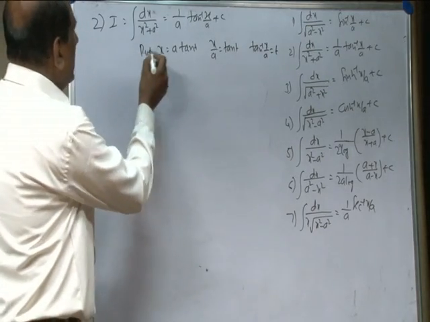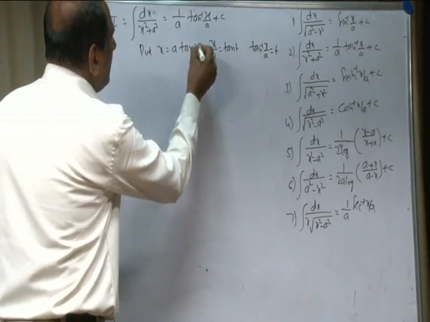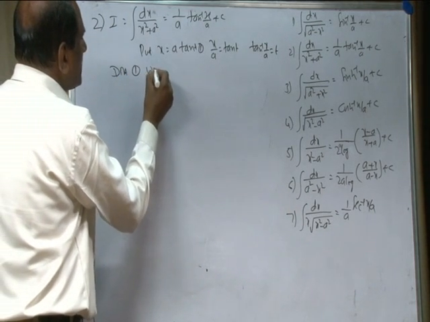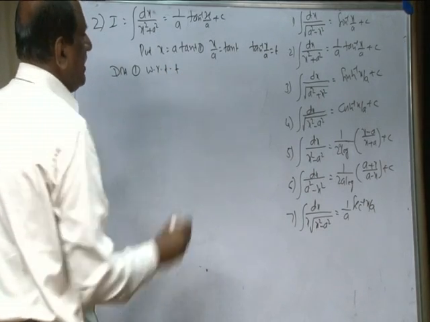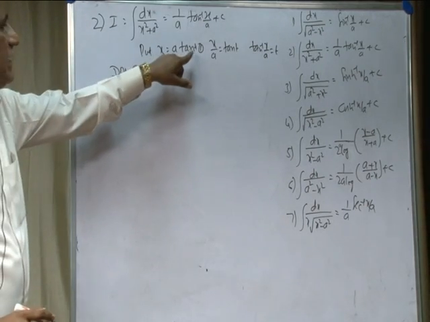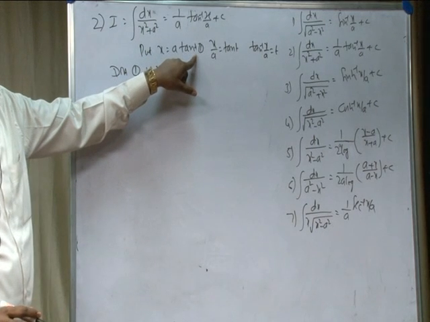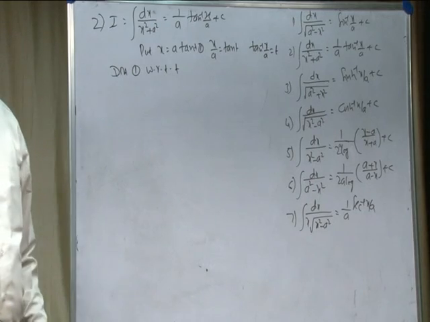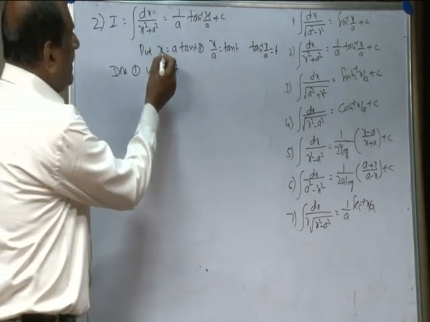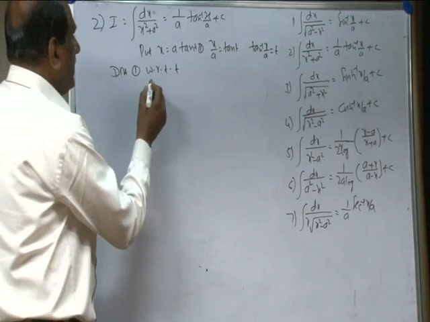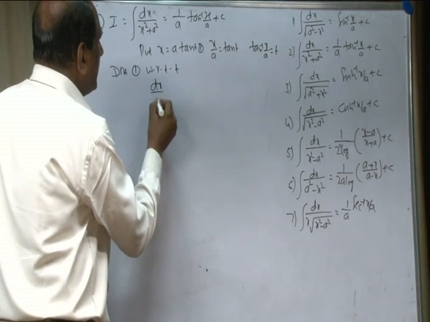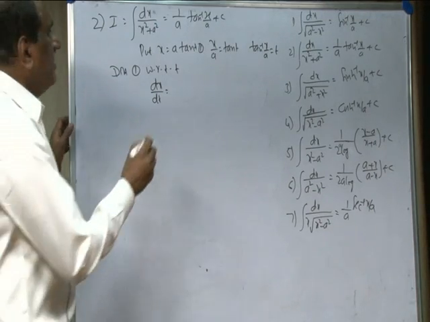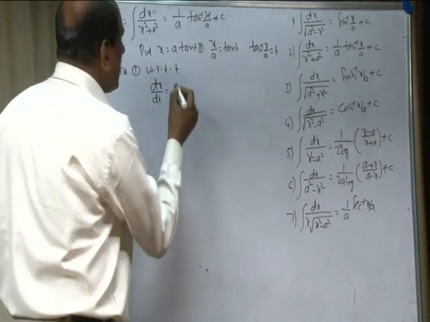Now see here, call this equation 1, differentiate 1 with respect to t, because x is equal to a tan t. x is a function of t, therefore differentiate x with respect to t. The derivative of x with respect to t is dx by dt. a is a constant, write it as it is.